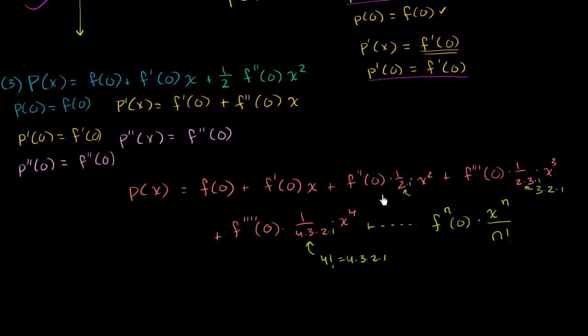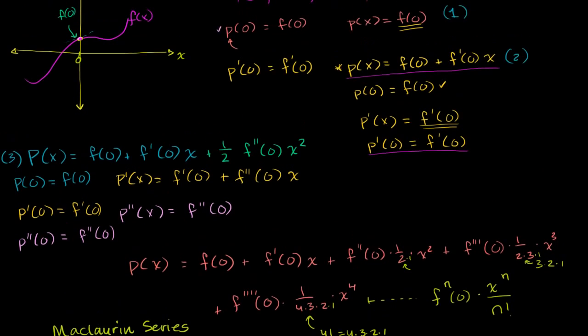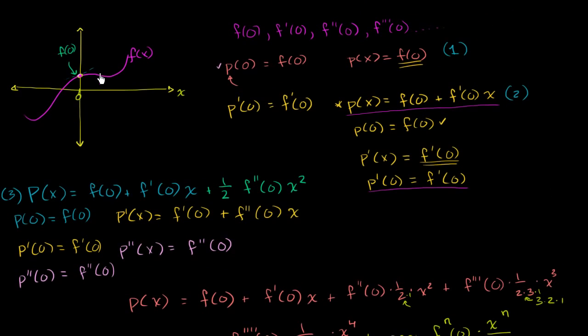But this general series that I've set up right here is called the Maclaurin series, and you can use it to approximate a function, and we'll see some pretty powerful results later on. What happens, and I don't have the computing power in my brain to draw the graph properly, is that when only the function value is equal, you get that horizontal line.